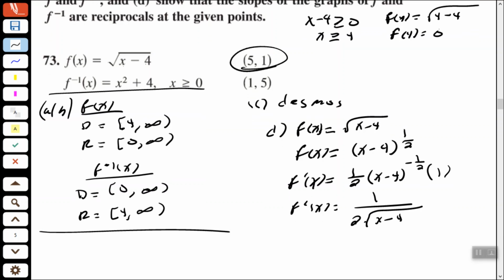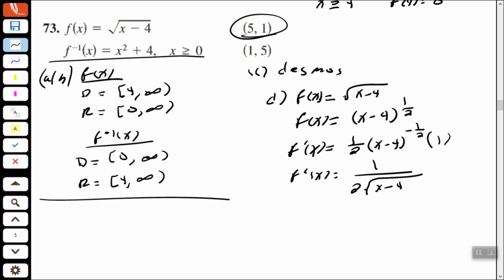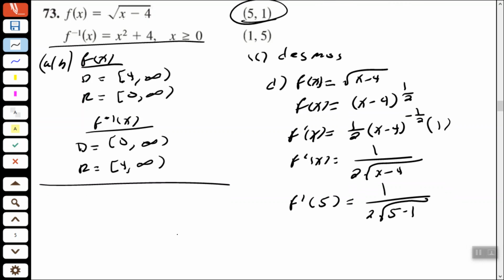Now the point that they gave us was 5, 1. So let's plug 5 in for x and find f prime of 5, because that was a given point.